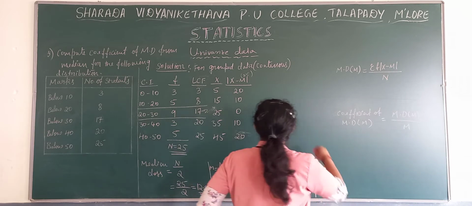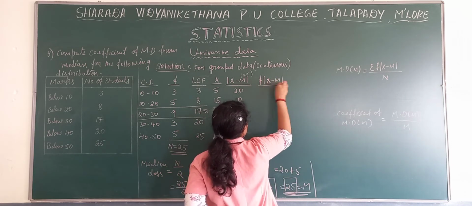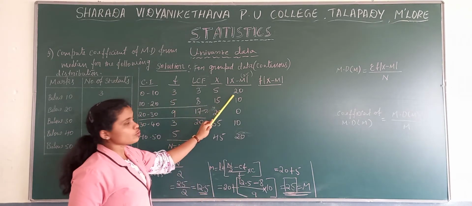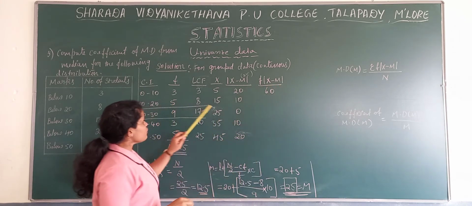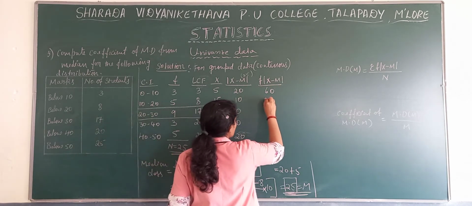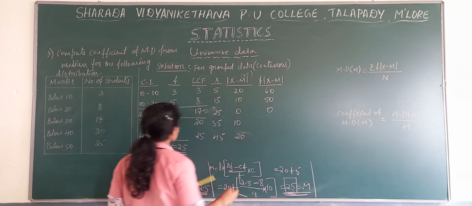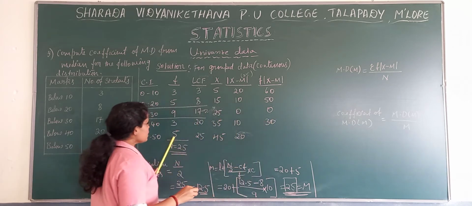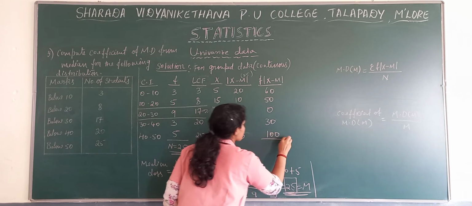Now, f into modulus x minus m, that is frequency into modulus x minus m. 3 into 20, that is 60. 5 into 10, 50. Then we get 0, 3 into 10, 30, 5 into 20, there we get 100.